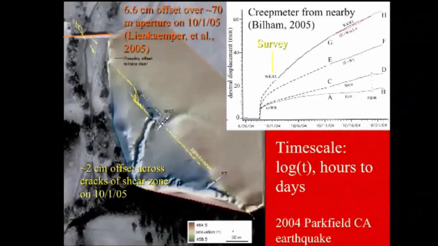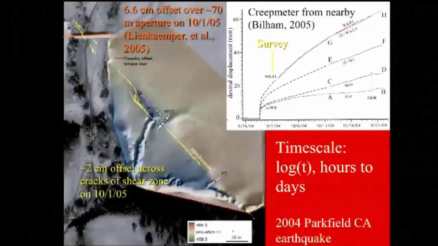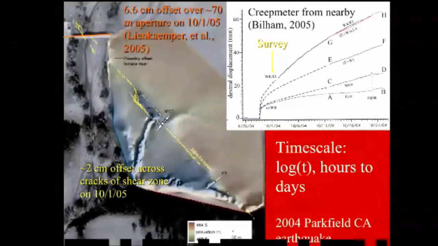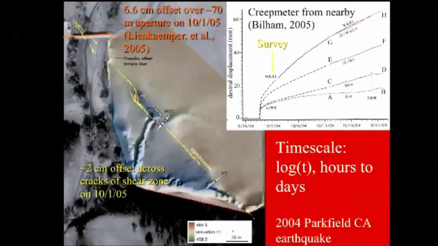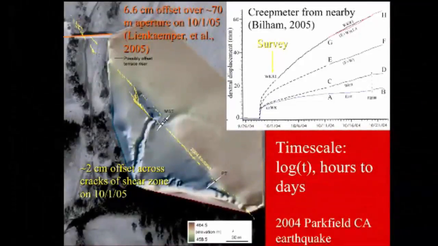But what we can show was that right after the earthquake, there was maybe a couple of centimeters of deformation. Over time, there was the main shock displacement, but there was also significant afterslip that continued to tear the ground. This is really interesting to capture, but it decays over, in this case, a long-lasting period, a couple of weeks at least.